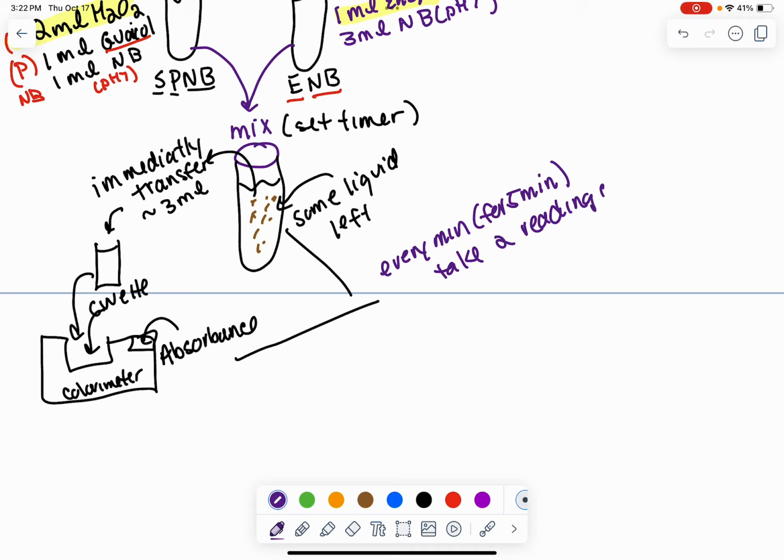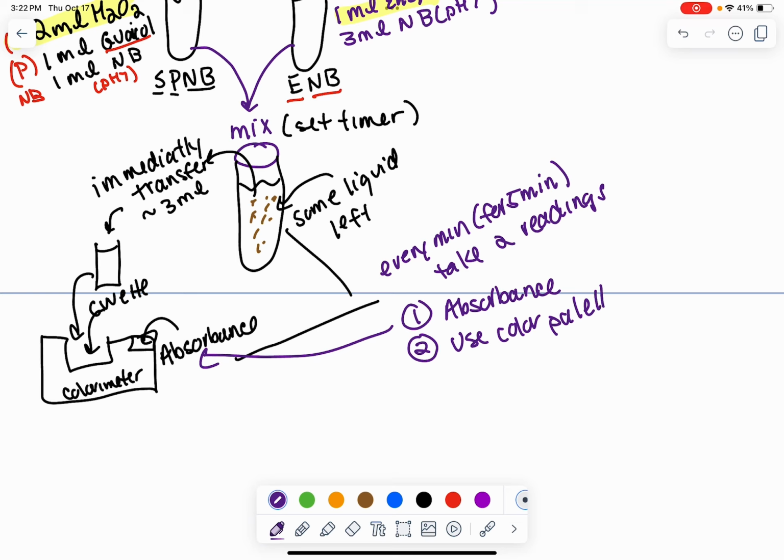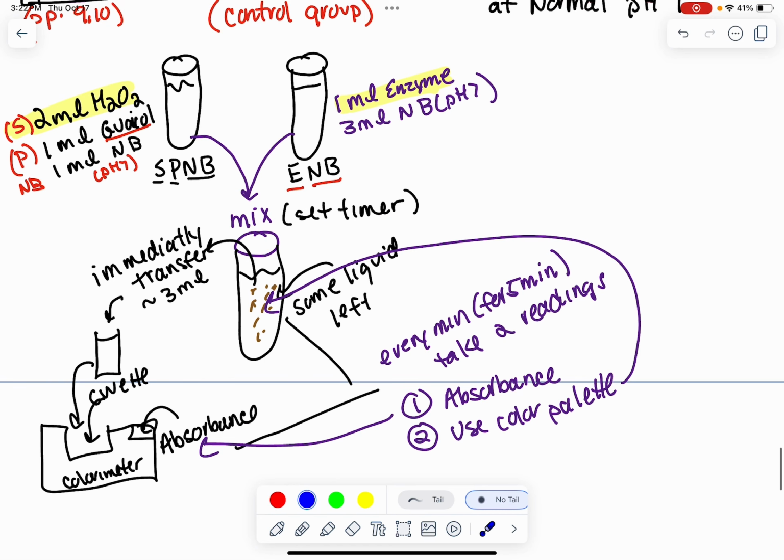One, you take the absorbance number and write that down. And 2, you use the color palette that I gave you, that picture, and look at the color. Once the cuvette is in the colorimeter, you can't see the color, so that's why we look at what's left in the tube. You'll write the absorbance number and the color palette number on your data sheet and do that for 5 minutes. Everybody's going to do that.